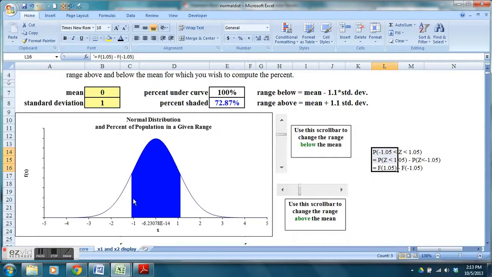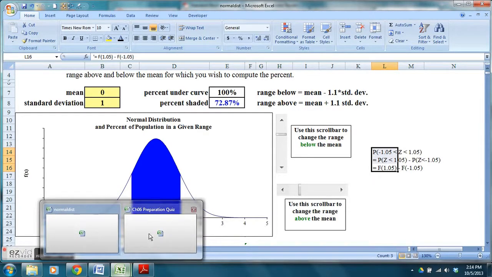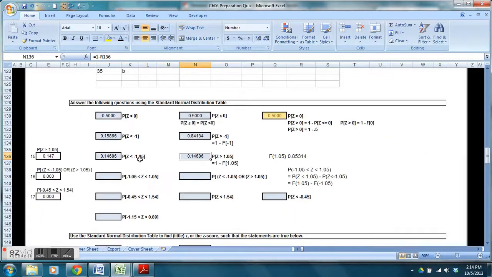In each case, assuming this line's at negative 1.05 and this line's at 1.05, both these tails have the same area. So if I ask you, what's the probability that z is greater than 1.05, you can instantly know that's the same thing as z less than negative 1.05. You don't have to find this tail if you don't want to. Instead, just find this tail. So this is equal to z less than negative 1.05, and that's why these two probabilities are equal.